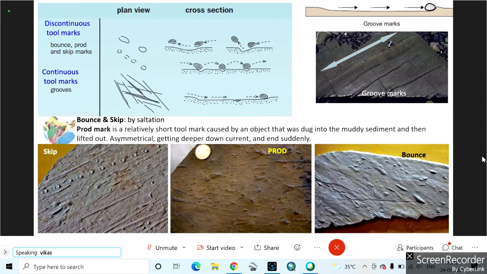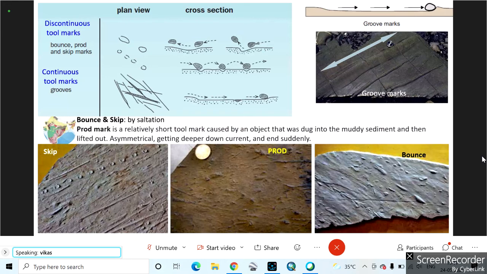These are the three important features. Out of these, saltation and rolling can develop these different types of tool mark structures. With them you can define the orientation of the flow direction, either this side or that side. Some, like the groove marks, can sometimes give you the exact direction of the flow, but not always.